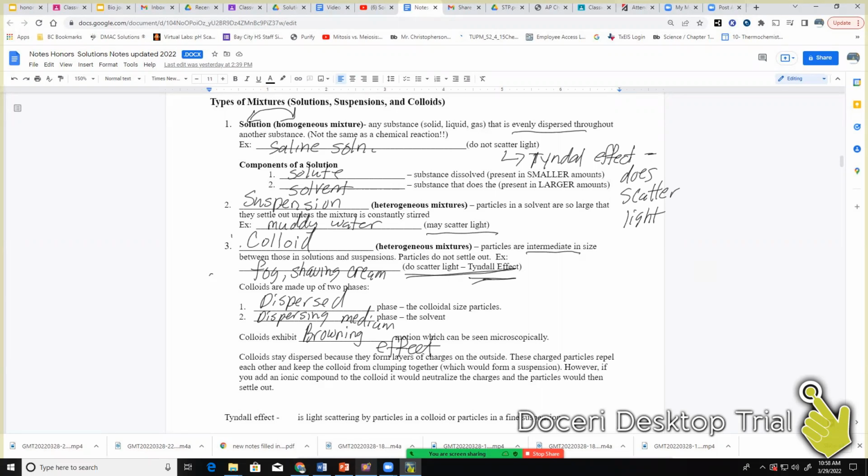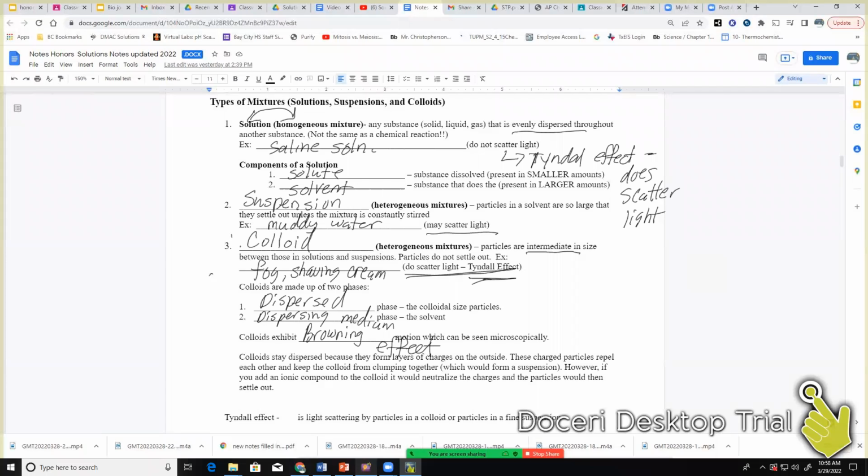So colloids will stay dispersed because they form a layer of charge around themselves. That's why they're able to stay dispersed. But if you add something to them, like an ionic compound, then it's going to neutralize that charge, and then you would see the particles start collecting or grouping up together.